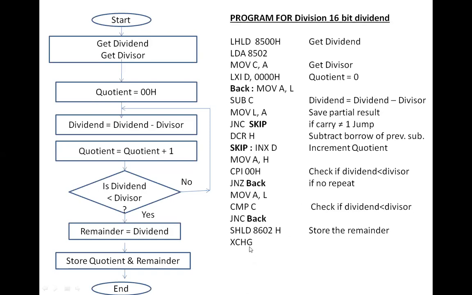Now the HL pair contains the quotient value. Now we will store the HL pair content into 8600. The lower order of that DE register, which is stored in L, will be placed at 8600, and the H register content will be placed in 8601.